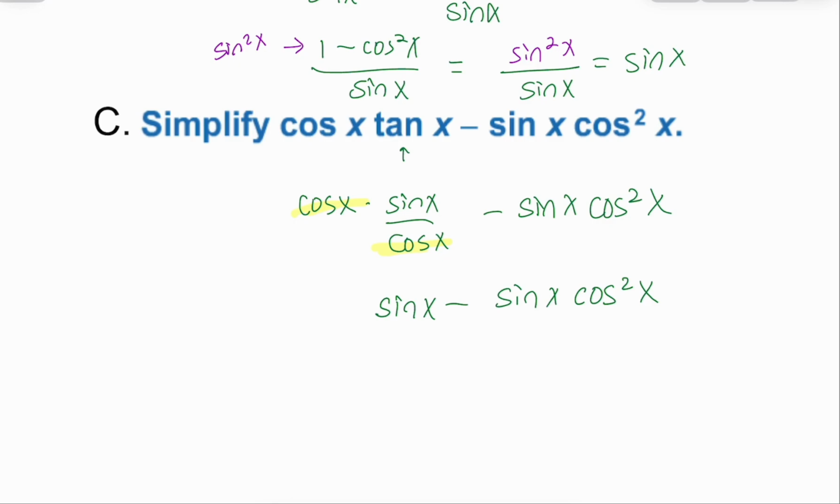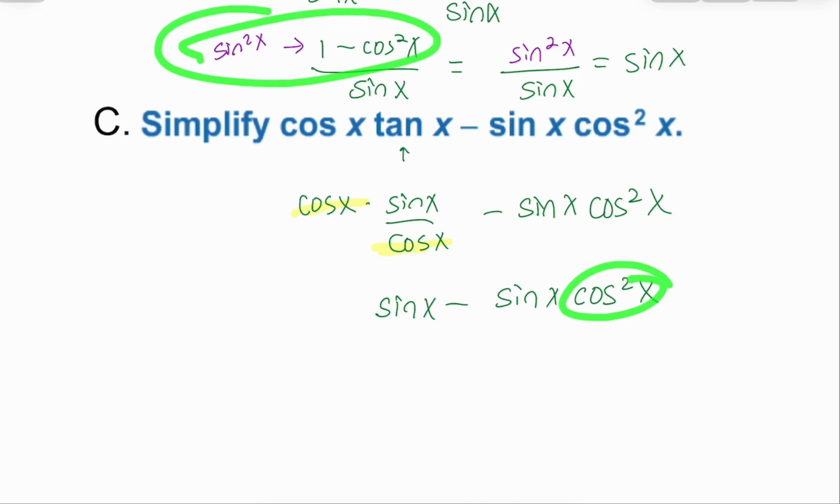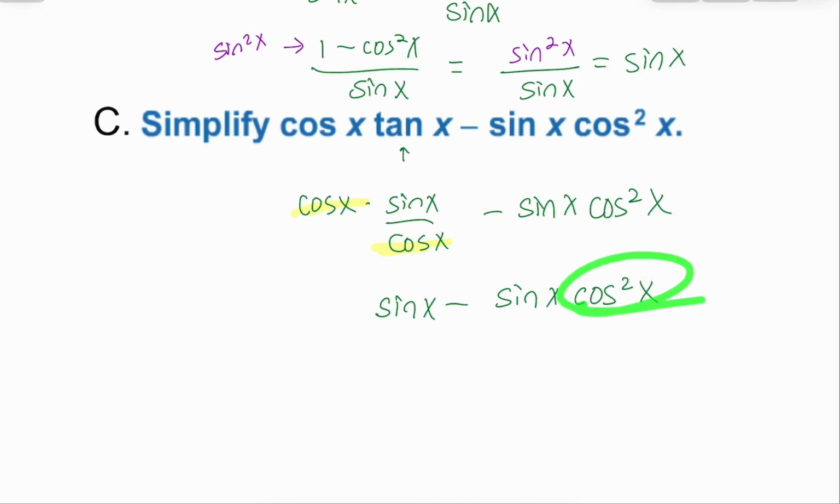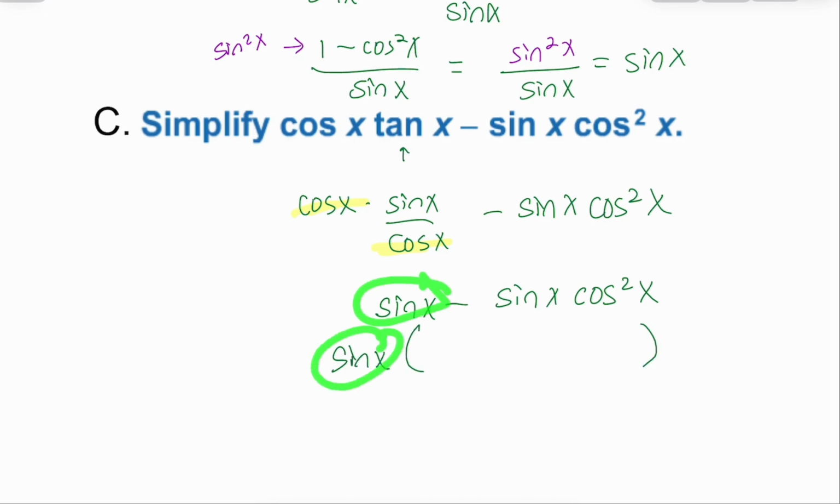Now there's a few different things you can do here. You can use the same replacement we did up here, that sine squared can be replaced with a 1 minus cosine squared. That's one tactic. You can factor out a sine. So that's what I'm going to do. They both have a sine. Let's take out a sine. Now let's think, if I divide by sine and take it out, I have to leave a 1.